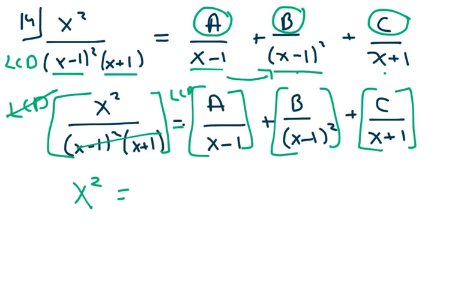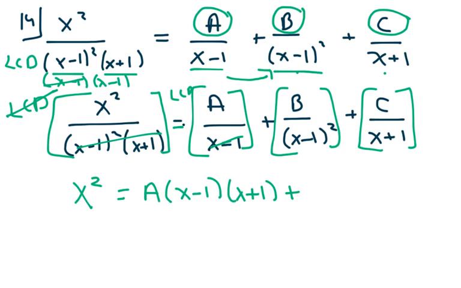When you multiply this by the LCD, you're left with x minus 1 times x plus 1, because this goes into this one time, because there's actually 2 of these. So this would cancel with 1, and you're left with the other 2, plus b.